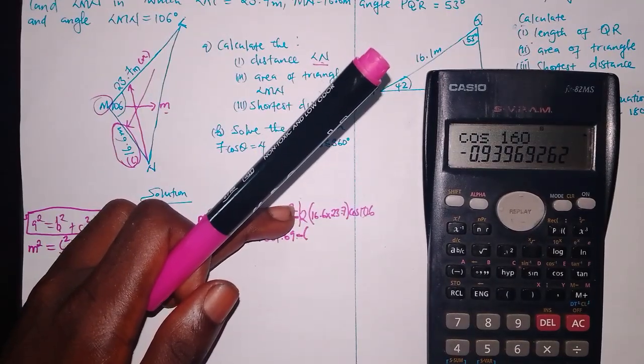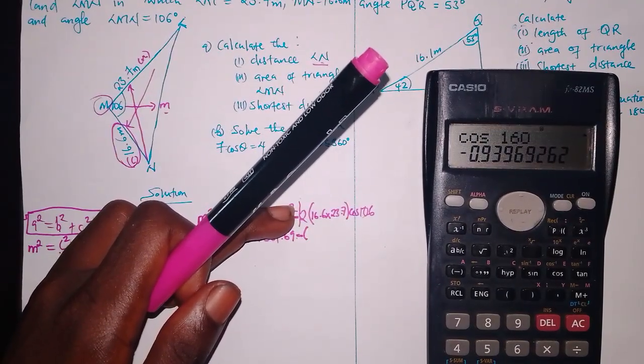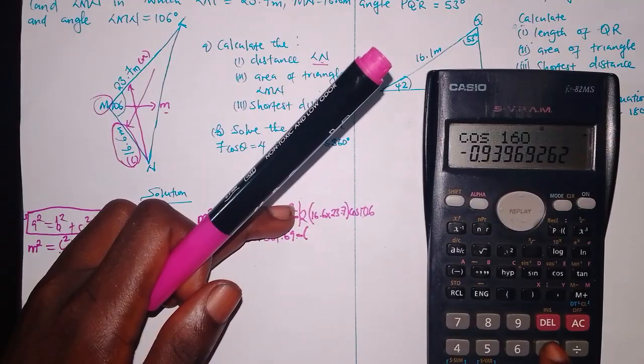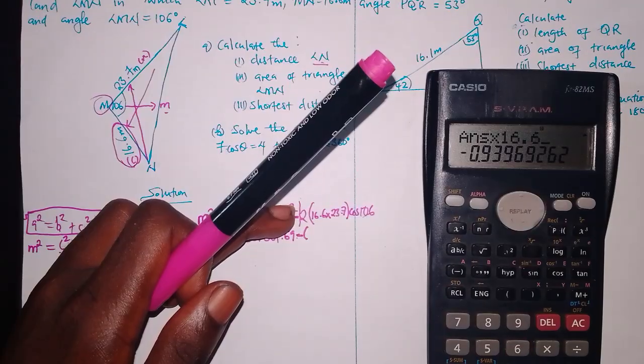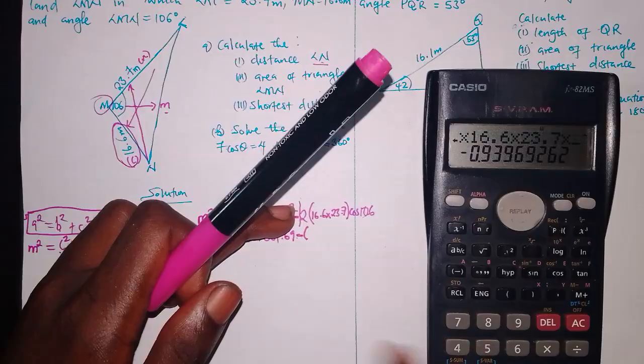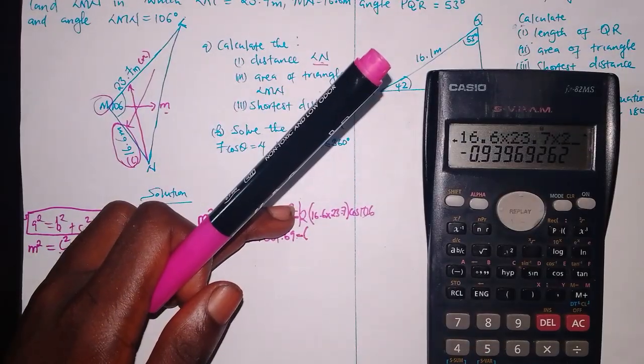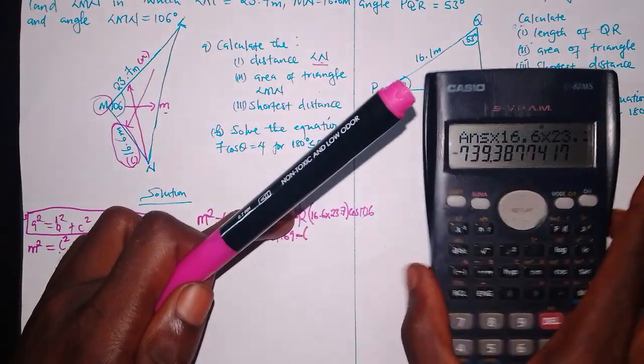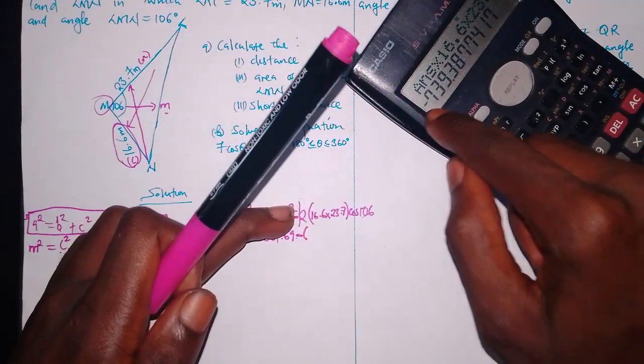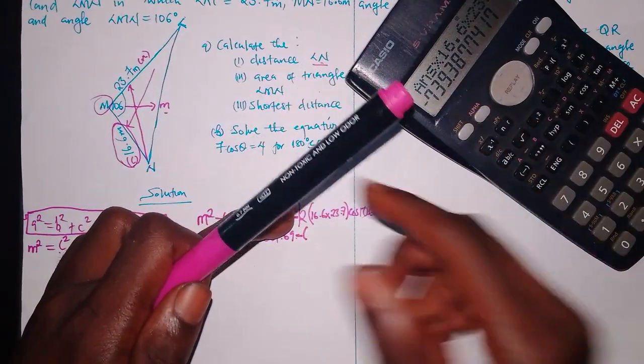So whenever I say cos 106, place what? Equals. Then multiplied by 16.6 times 23.7 times 2. So we have what? Negative 739 point something.